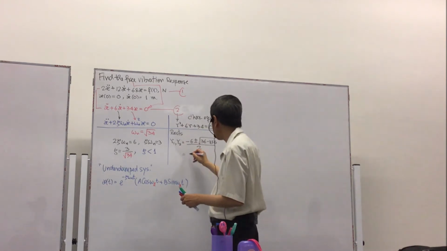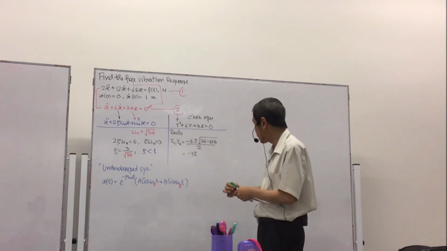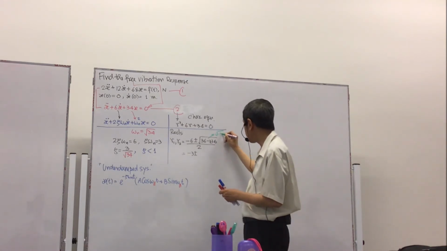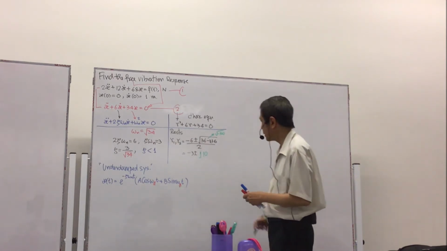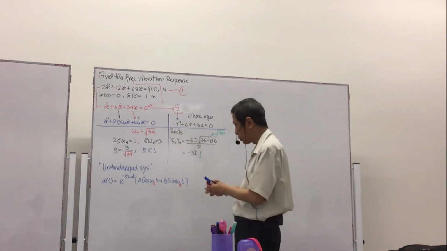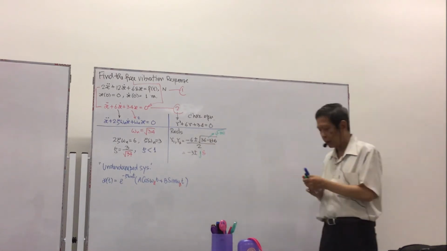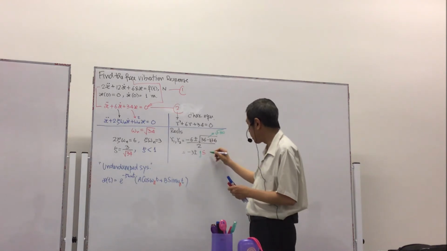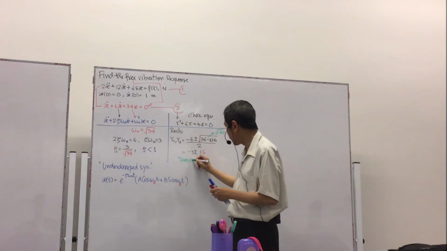You can see that this becomes minus 3 plus or minus, inside the square root, the square root of minus 100. So this becomes j times the square root of 100, which is 10, divided by 2, which becomes 5. You can observe that this is the condition for complex roots.